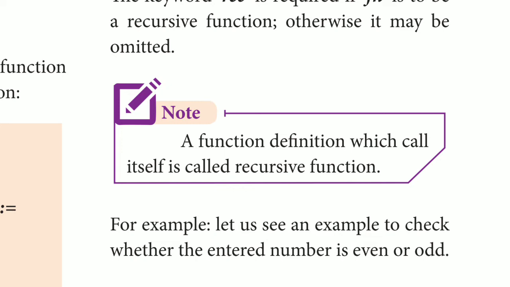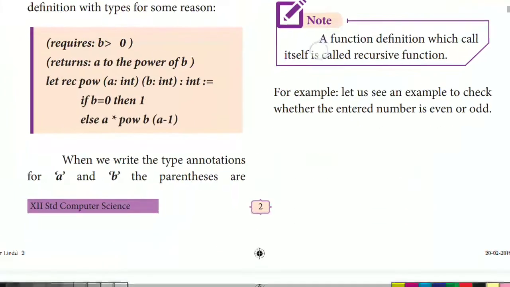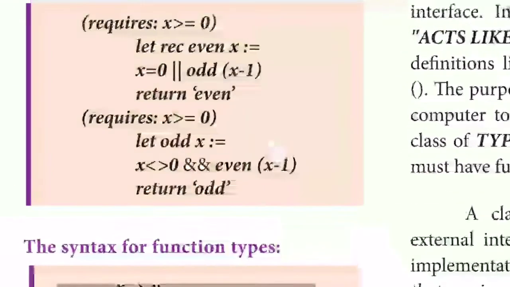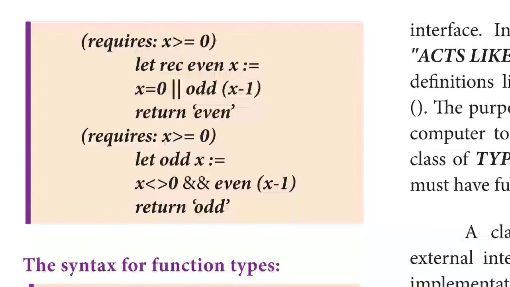Here they have given an example where odd is a function and even is a function, and they are called by itself. So that is known as a function that calls itself.